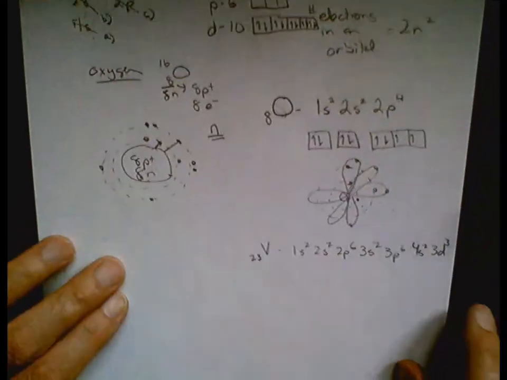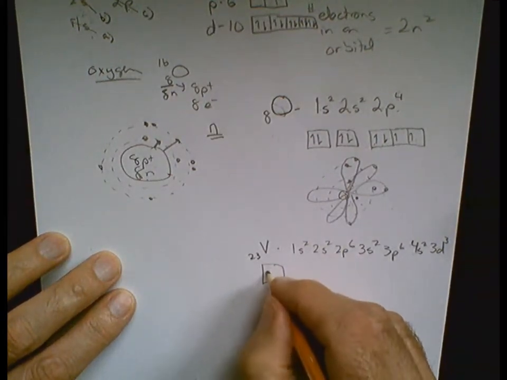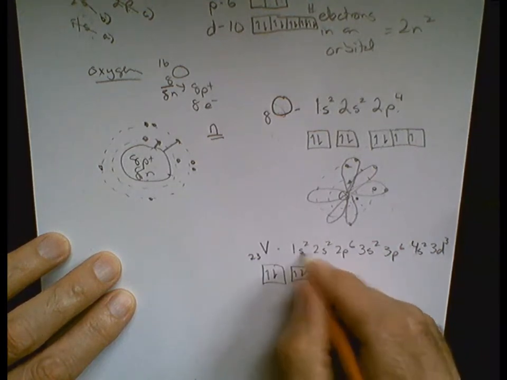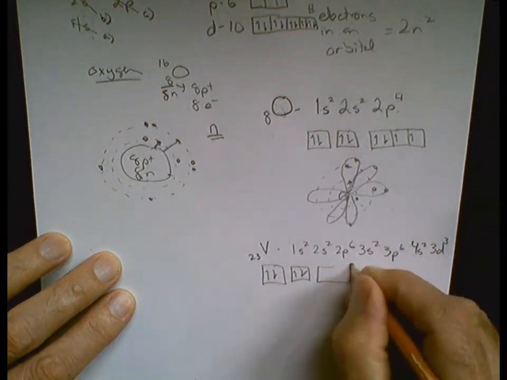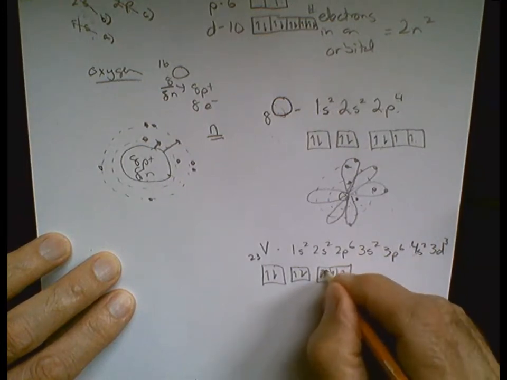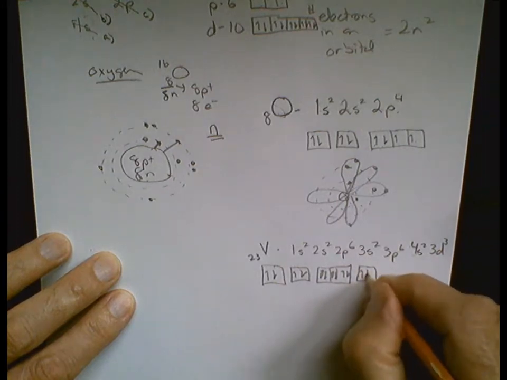If I wanted to do box diagrams, and I'm not sure that you're required to do box diagrams, your first 2 are S's, then you've got a P. Remember, put 1 electron in each box before doubling up.